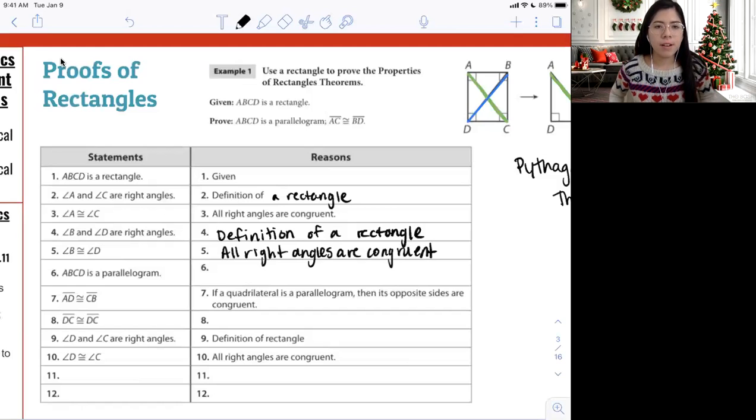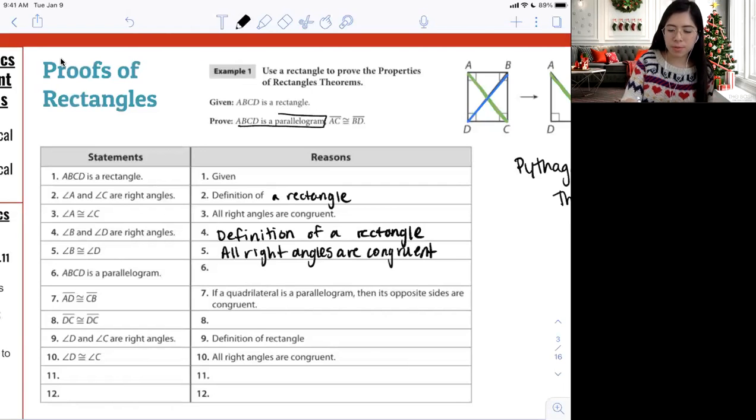ABCD is a parallelogram. How can you prove that? Okay, I see where you're going, Tyrone. We can't truly use that quite yet because this is one of the things we're trying to prove. We're trying to prove that it's a parallelogram. So we can't use the definition of a parallelogram, but we can build up to it. What do we know about parallelograms?